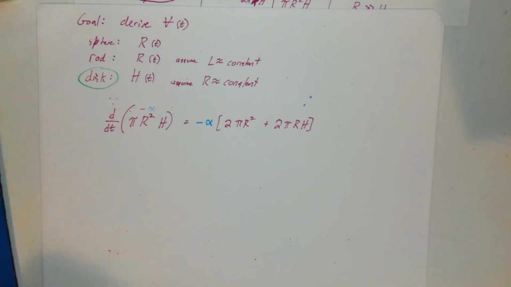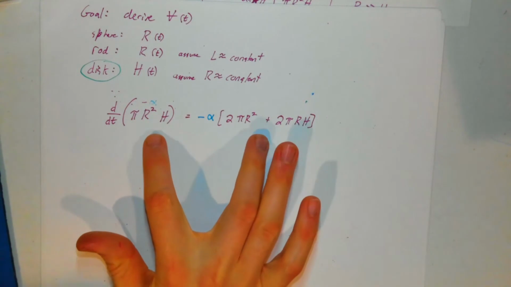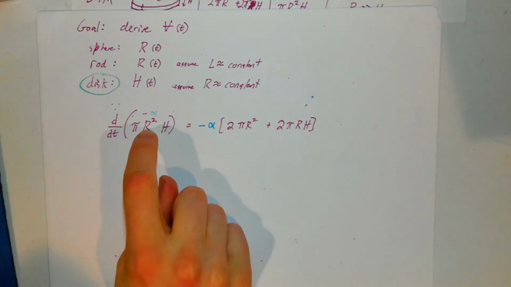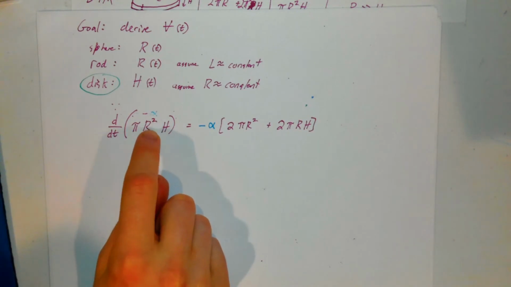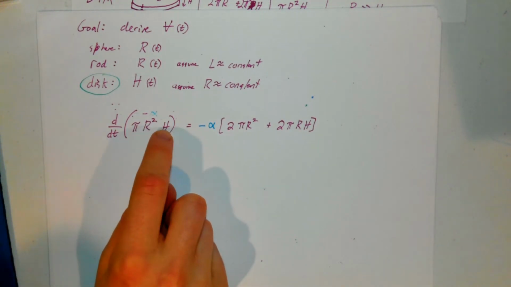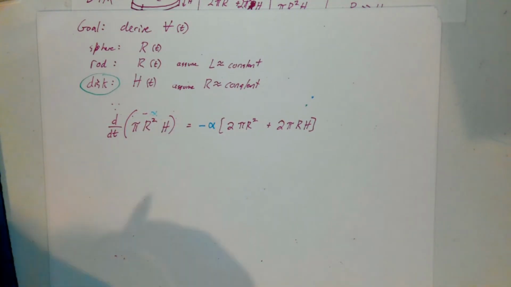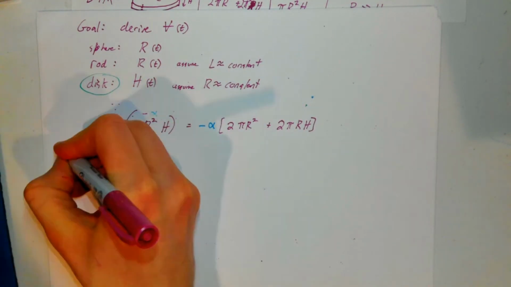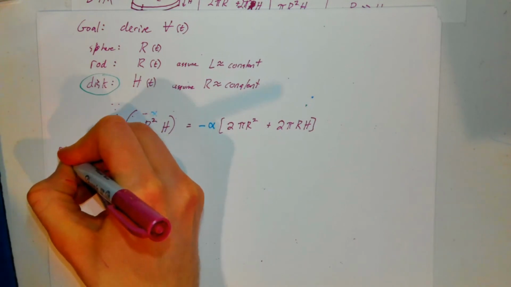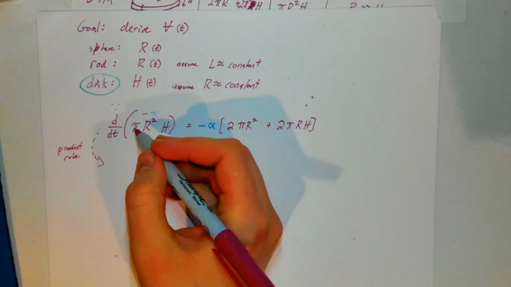All right. Now, what can we do? Strictly speaking, r and h are time varying. So when I take the derivative of two things that could both be functions of time, I need to use the product rule for taking derivatives.